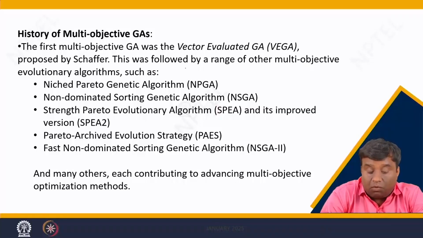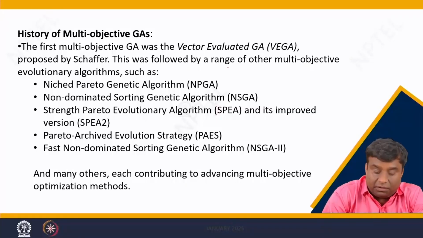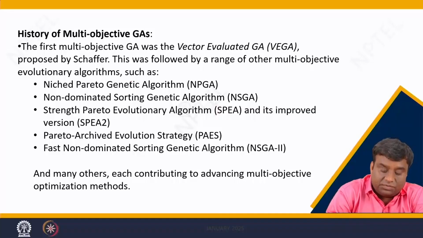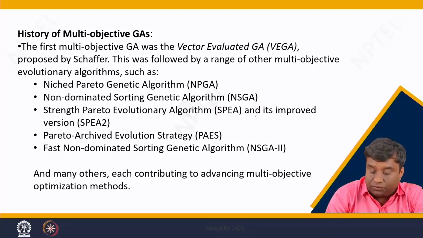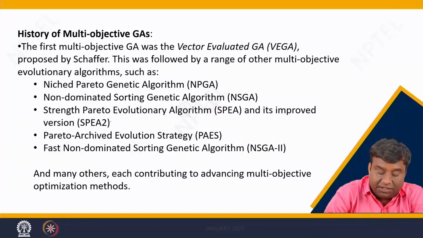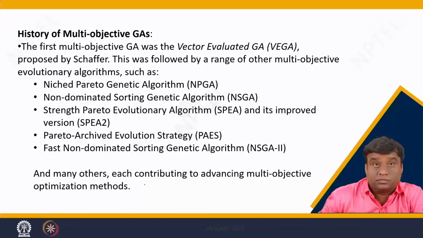This was followed by a range of other multi-objective evolutionary algorithms such as niched Pareto genetic algorithm, non-dominated sorting genetic algorithm, strength Pareto evolutionary algorithm and its improved version SPEA2, Pareto archived evolutionary strategy, fast non-dominated sorting genetic algorithm, that is NSGA-II, and many others, each contributing to advancing multi-objective optimization methods.